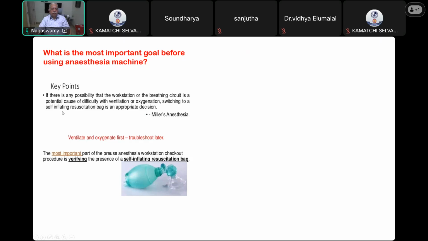Switching to a self-inflating resuscitation bag is an appropriate decision. That is given in Miller's Anesthesia. So whenever you go to a new OT and you are joining a hospital, first and foremost, make sure that you have an ambu bag in the OT. That is the most important precaution, so that you can always ventilate a patient when there is a problem with the machine.